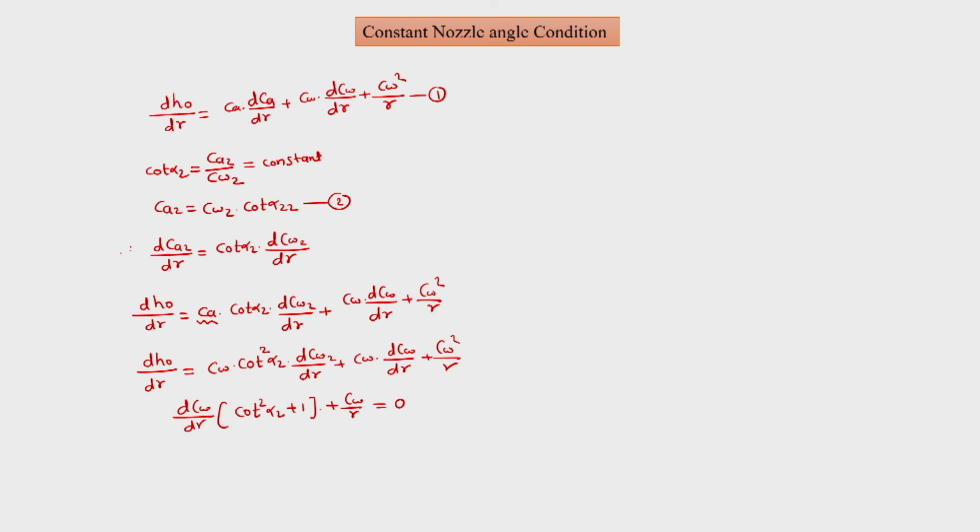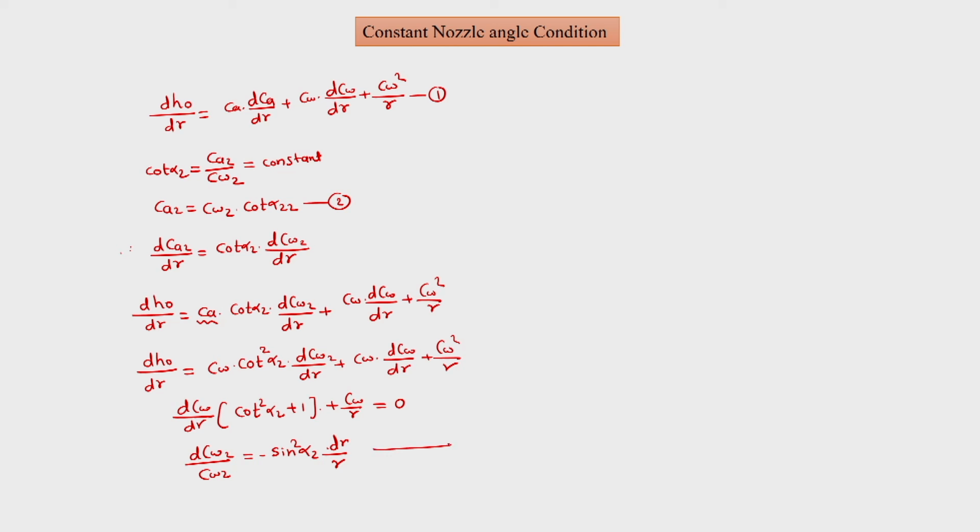So we can have an expression which says that dCw2 upon Cw2 is equal to minus 1 upon 1 plus cot square alpha 2, which is sin square alpha 2, into dr by r.